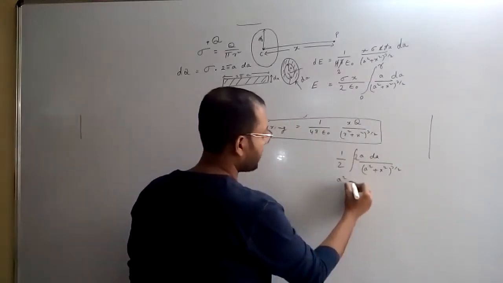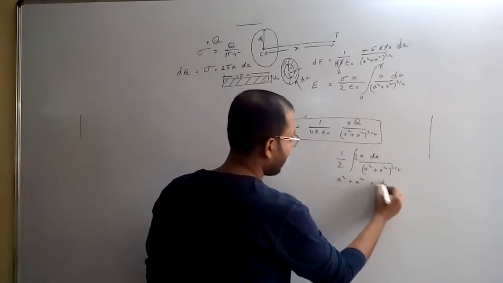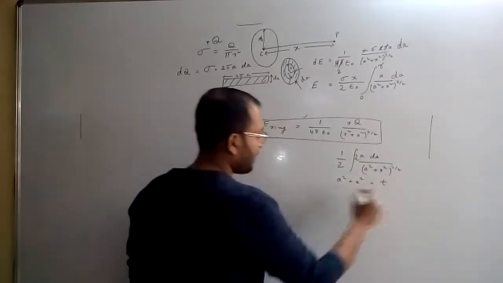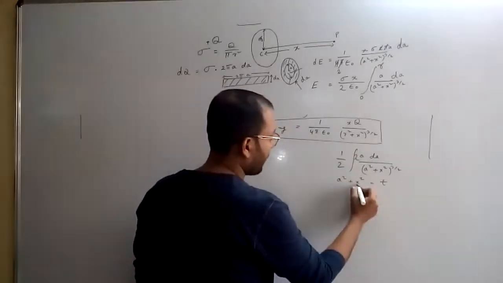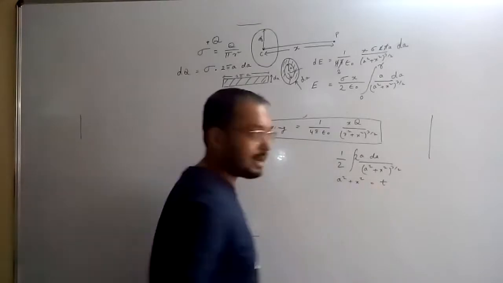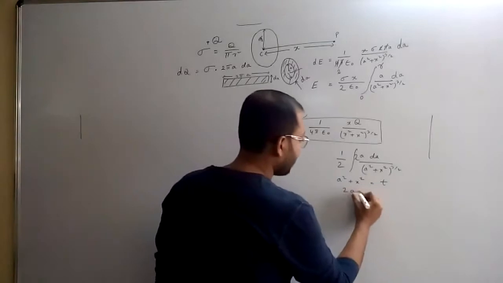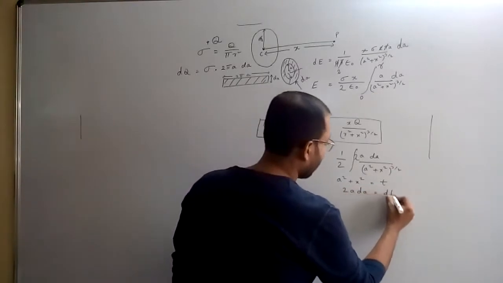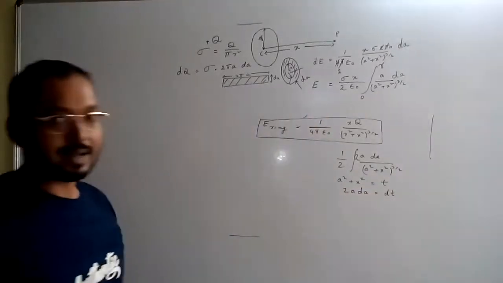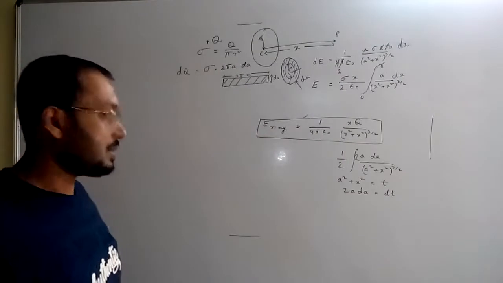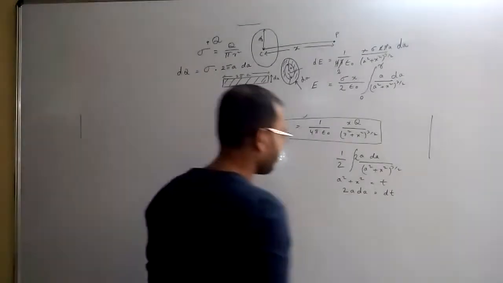Let's assume that a squared plus x squared is t. If I differentiate both sides, x is of course a constant. Differentiating x squared will only yield 0. So I get a 2ada equals dt. X squared is a constant and its derivative is 0.